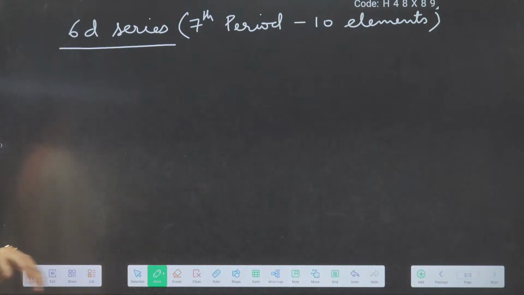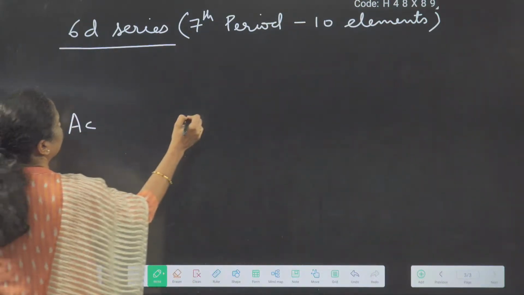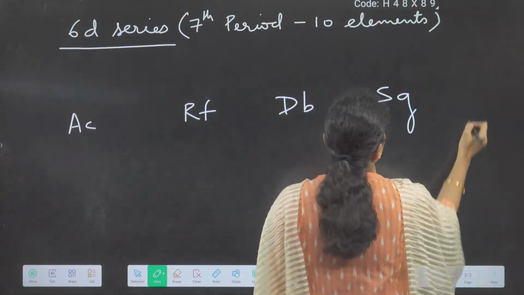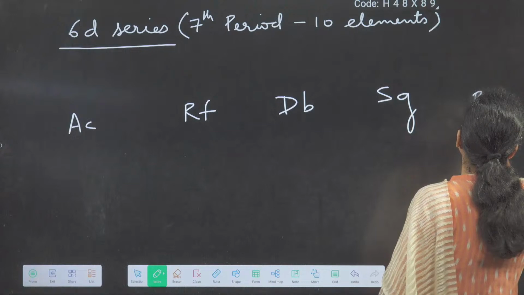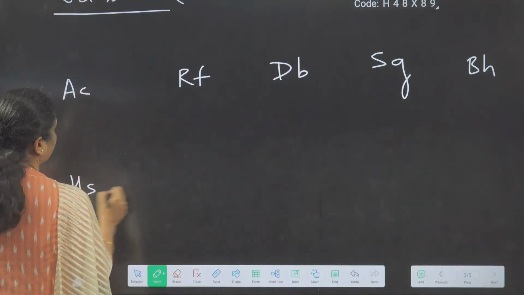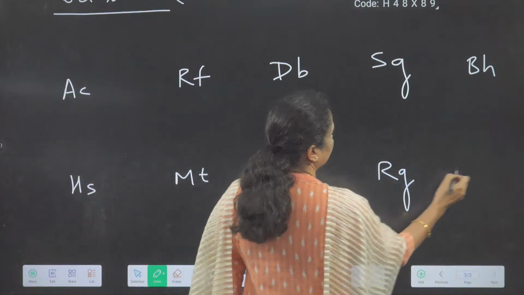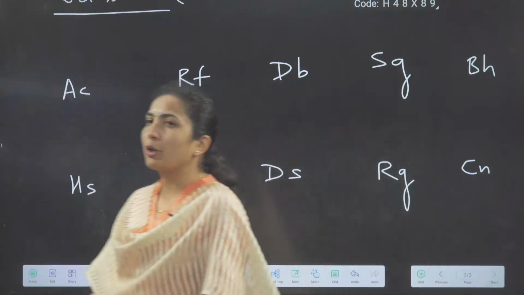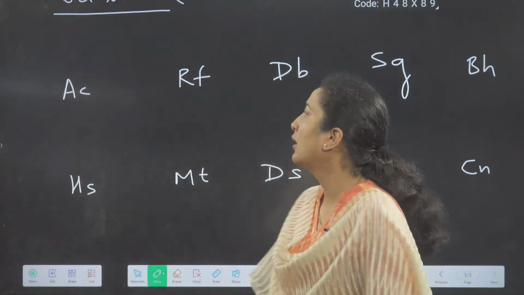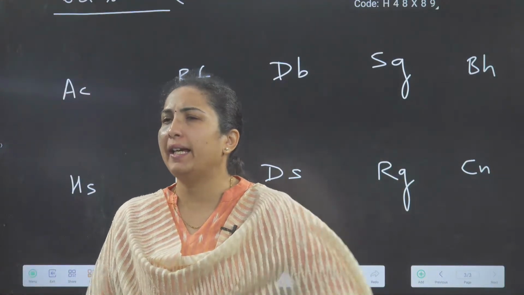Now let us go for writing the symbols of the elements here. Probably you will not know these elements. AC, I think you should know. AC, do we have an idea?